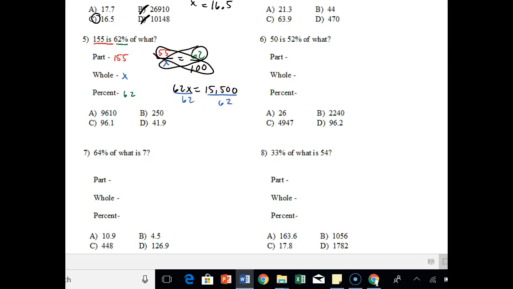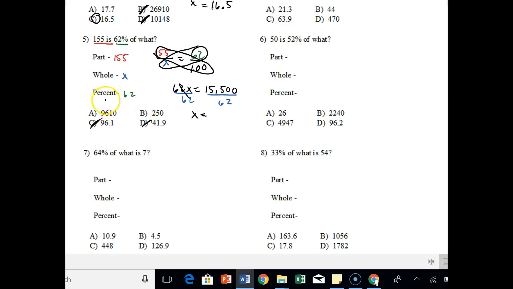So before I get an answer, let's ask ourselves, first of all, 155 is 62% of what? So it's a little bit more than 50% of a number. So think about this. Could 155 be a little bit more than 50% of 96.1? No, because 96 is smaller than 155. Same with 41.9. What about 9,610?